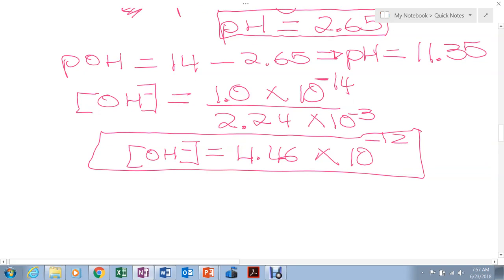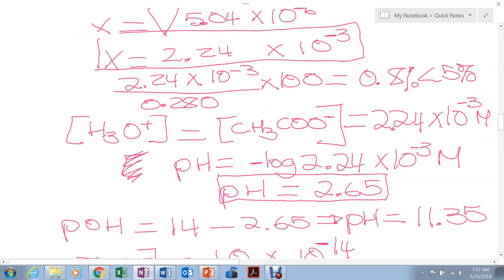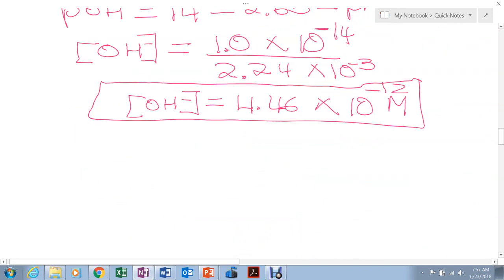What did I forget here? The M, the unit, imagine. I'm working with a lot of non-unit values, using the X without unit, and then when I do it, don't forget to put the M here.